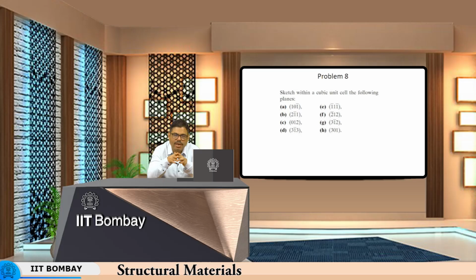And for H it is 1/3, infinity, meaning it is parallel to the y axis. So this plane H will have to be parallel with the y axis and have an intercept of 1/3 with the x axis and an intercept of 1 with the z axis.